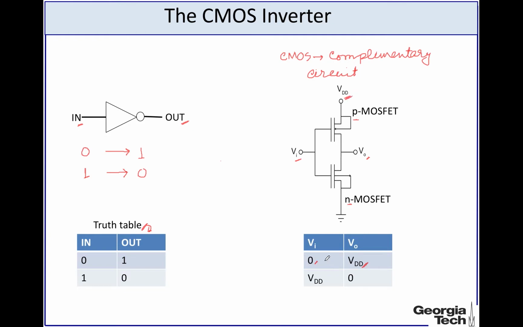Essentially that is equivalent to this row, because a logic level 0 is represented by 0 voltage and a logic level 1 is represented by a voltage of VDD, where VDD is the power supply voltage. Similarly, if the input is equal to VDD, then you will get 0 voltage at the output, which is equivalent to this row in the truth table.